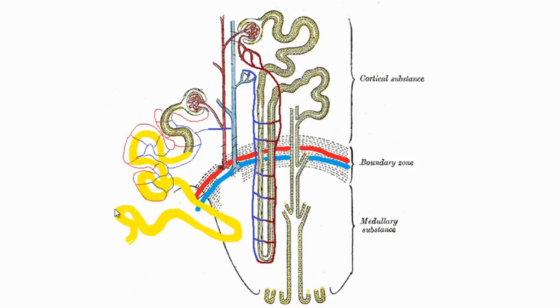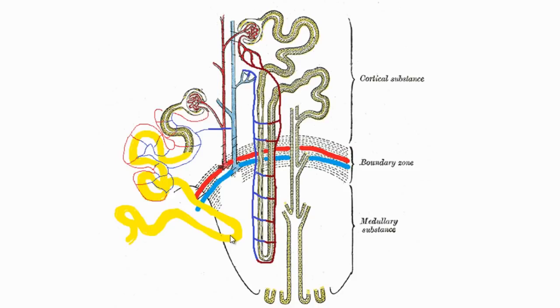So let's just say this is the cortical nephron. So a cortical nephron has the renal corpuscle further away from the medulla, deeper into the cortex. So this I've just drawn onto this diagram in paint. I've kind of massacred Gray's beautiful artwork, but this yellow thing is the proximal convoluted tubule. So the loop of Henle of a cortical nephron is much shorter.